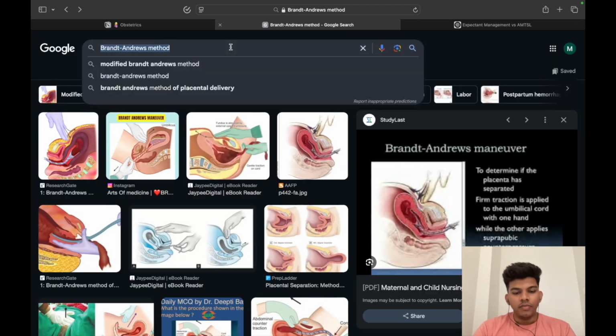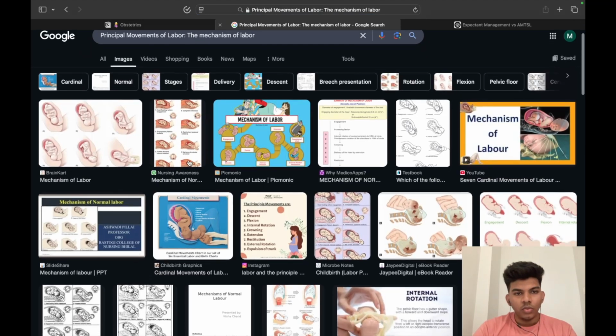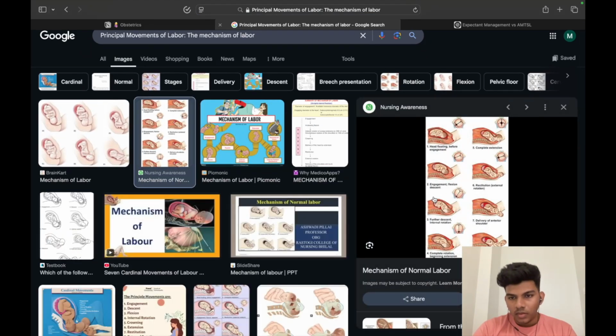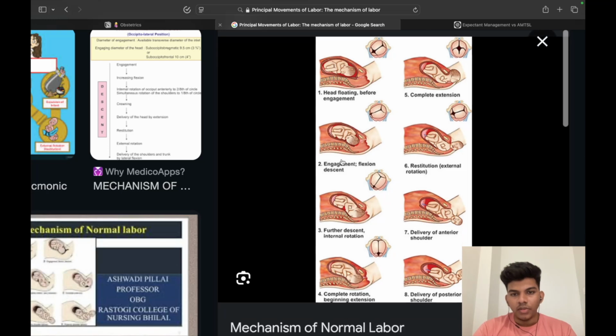Before we go into the details, we'll look at the image of the mechanism of labor. Here you can see how it looks. This is before engagement, and this one is the first step, the engagement, and then the flexion of the fetal head.